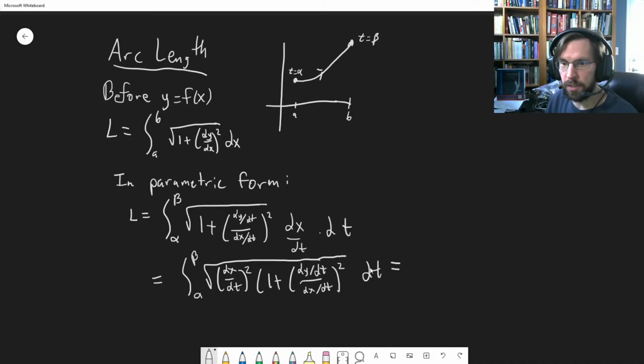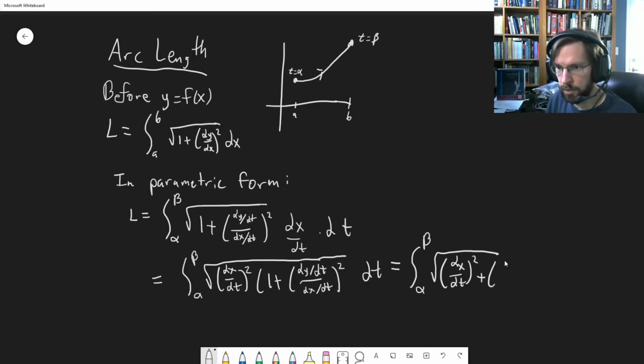We can simplify this even further by distributing this dx dt squared, because in the second piece it's going to cancel out. So arc length in parametric form is usually written as the integral of the square root of dx dt squared plus dy dt squared dt.